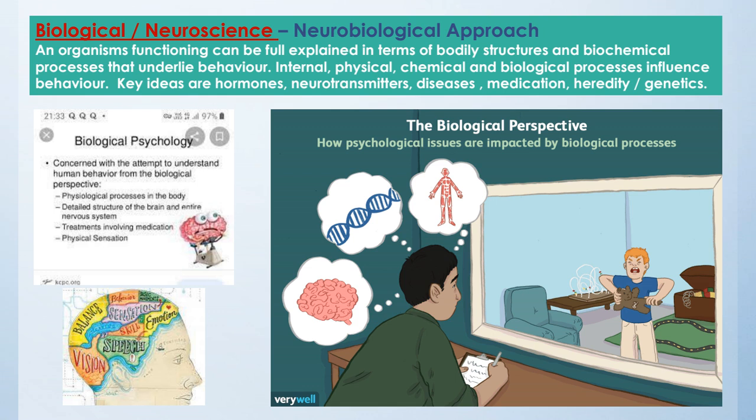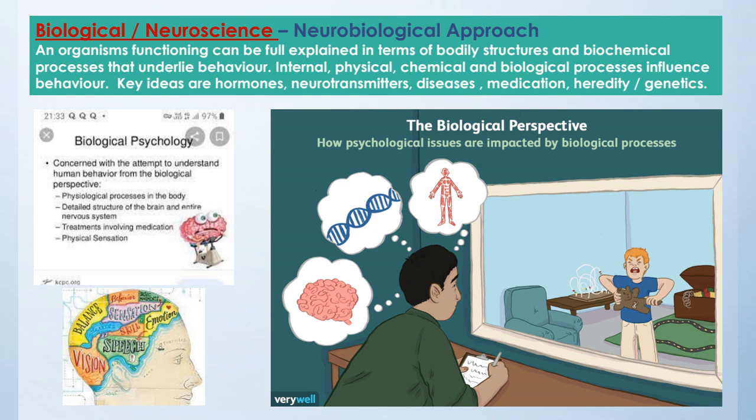So internal, biological, physical, and chemical processes influence behavior. That's where we start to look at hormones and different neurotransmitters that operate in our mind, and we unpack this quite a lot. For example, if you are stressed, there is a hormone called cortisol that is released that can increase your stress levels.